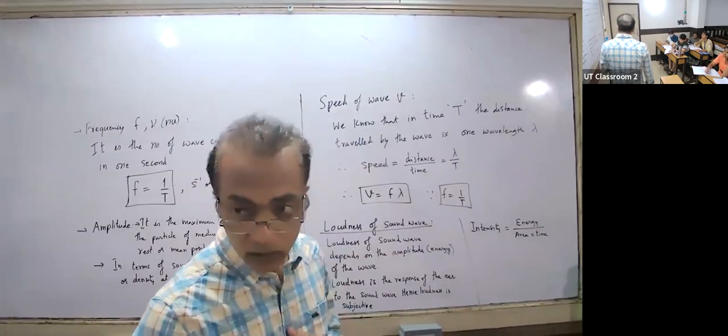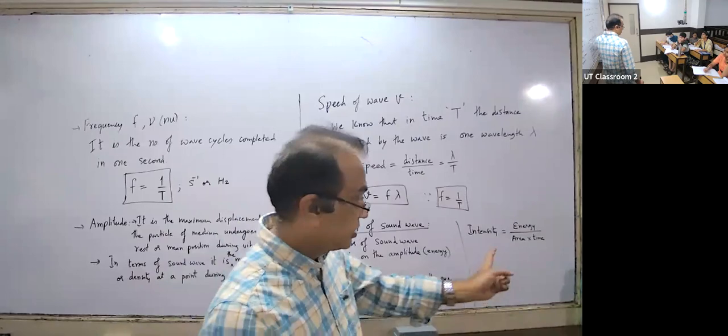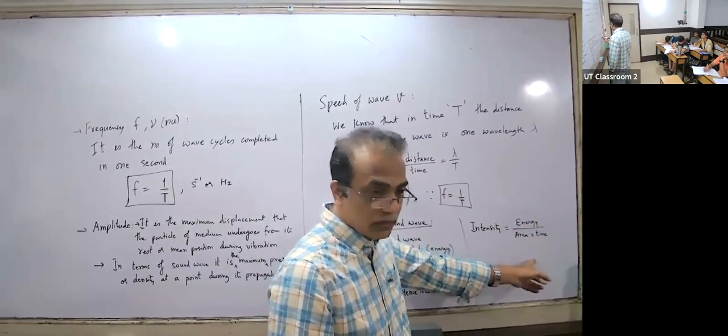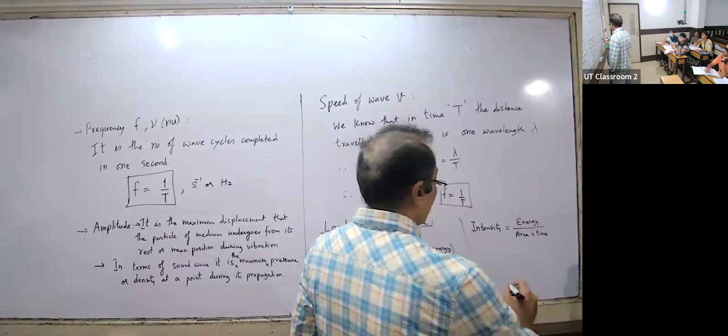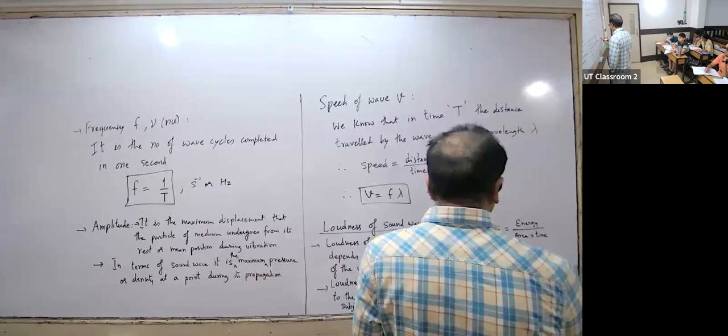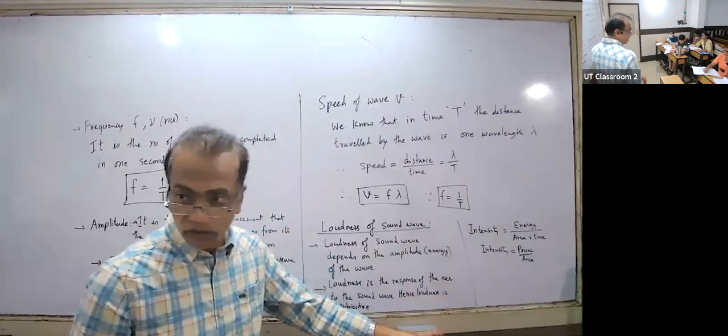Okay. So energy upon time is also power. Work upon time is power. So power flowing per unit area. Right? So this is the objective property.